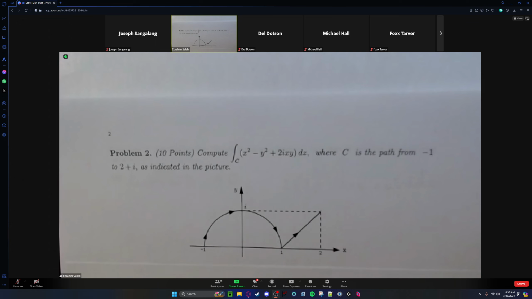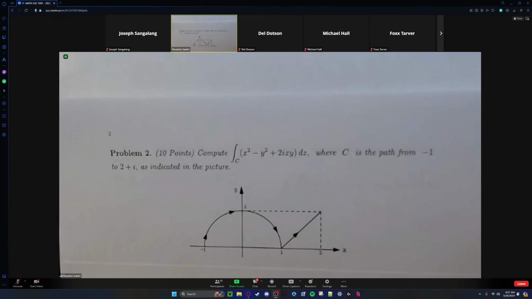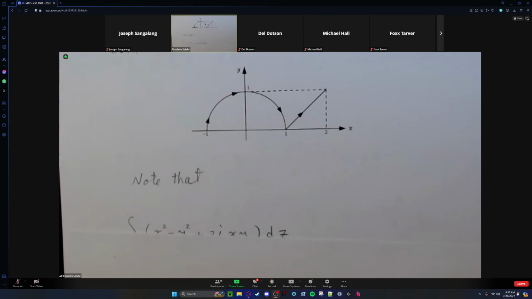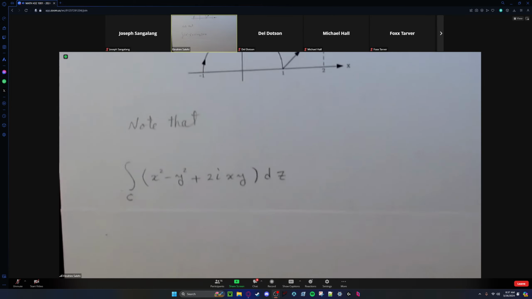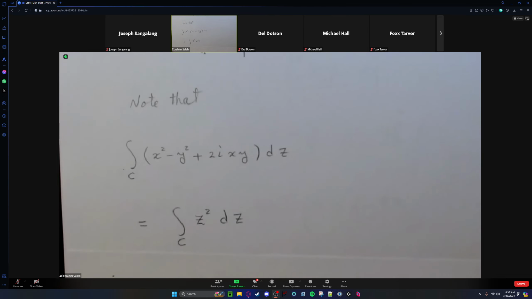But before rushing to solving the problem or parameterizing all those things, you got to think about it a little bit. The function that we are integrating, this integrand, is nothing but z squared, right? z squared. x plus i y squared is this one. So this integral over that curve is the same as this one.